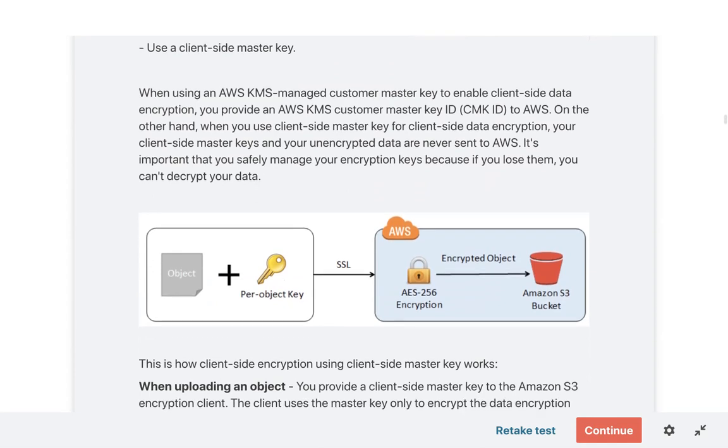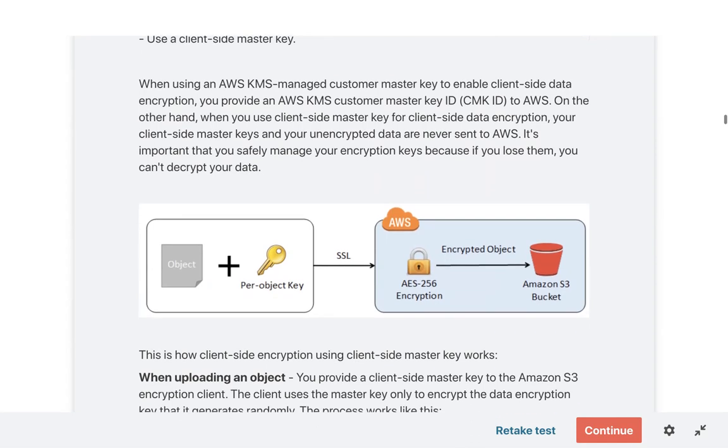On the other hand, when you use client-side master key for client-side data encryption, your client-side master key and your unencrypted data are never sent to AWS. It's important that you safely manage your encryption key, because if you lose them, you cannot decrypt your data.